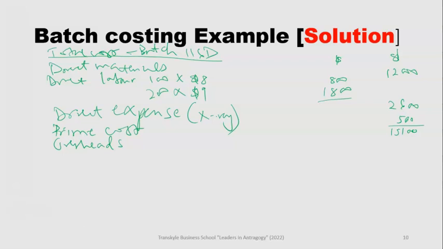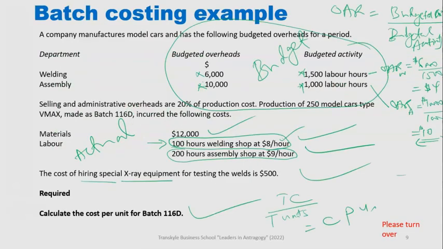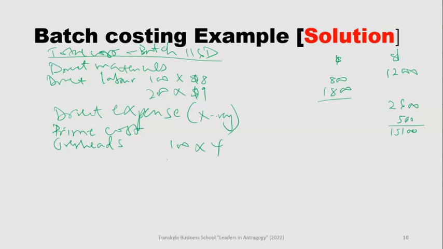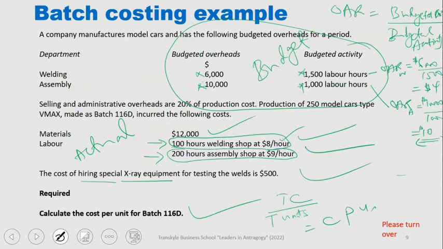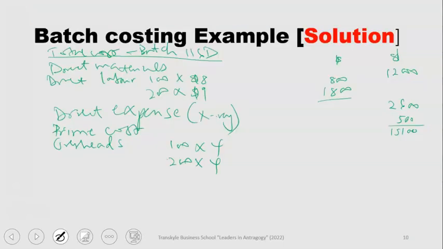Then for the assembly, we have 200 hours, but not multiplied by 4. The 4 was used for welding, so for assembly we multiply by 10.